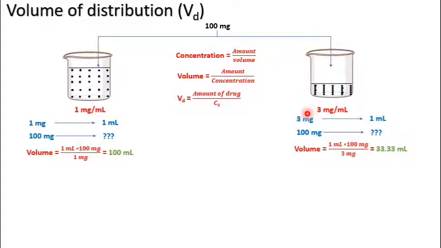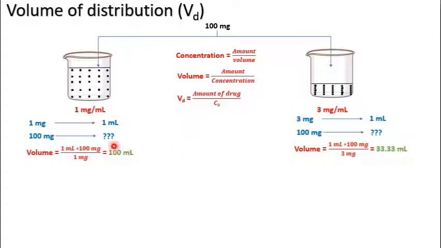But wait a minute, there is a problem in measuring volume of distribution that way. Look at these two beakers. What if our colored substance isn't uniformly distributed in water?